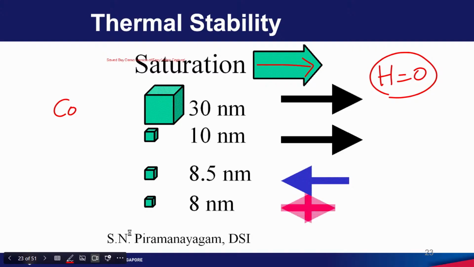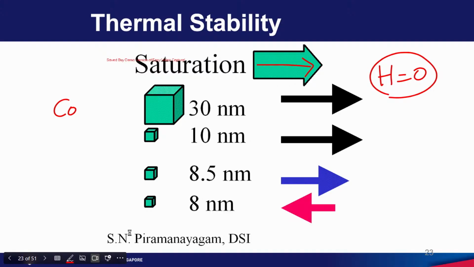You can notice that the 30 nanometer cube retains the magnetization in the same direction, and the 10 nanometer one has no problem, but if you look at the 8 nanometer one, it flips very rapidly, and the 8.5 nanometer one also flips, but not that rapidly. Sometimes it points towards the left and after some time it points towards the right.